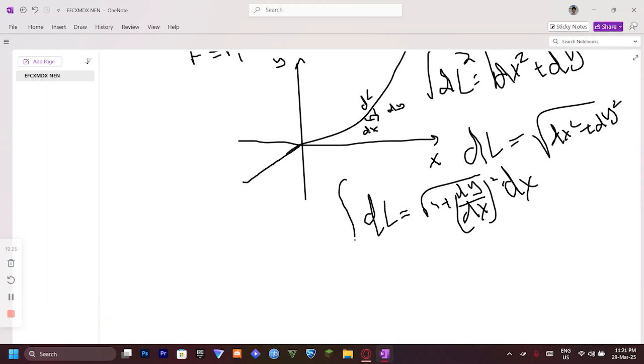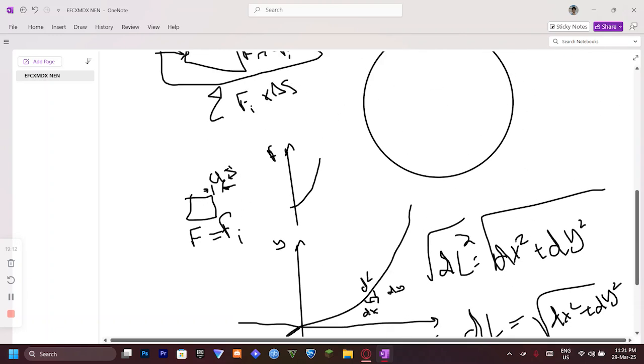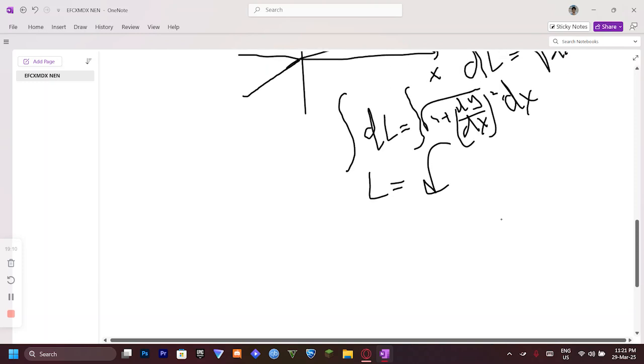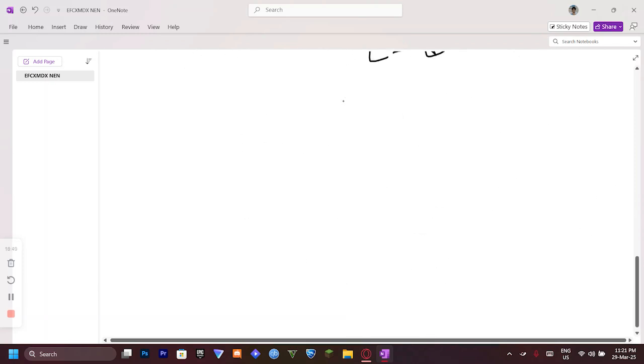You can add up your dl and you get your L equal to this. So you could calculate the length of a curve. The opportunities are endless.